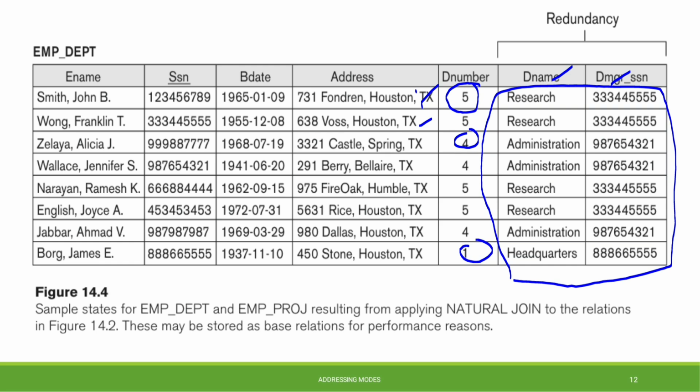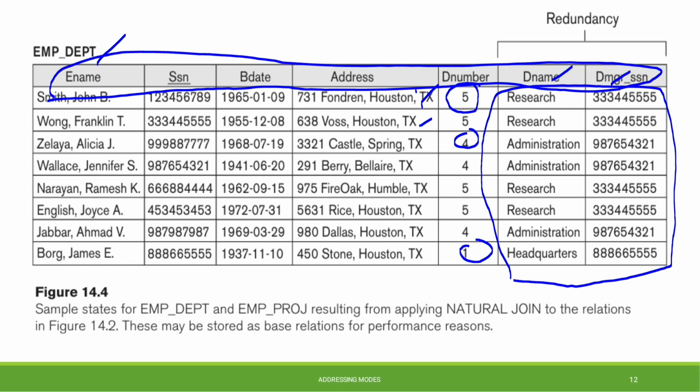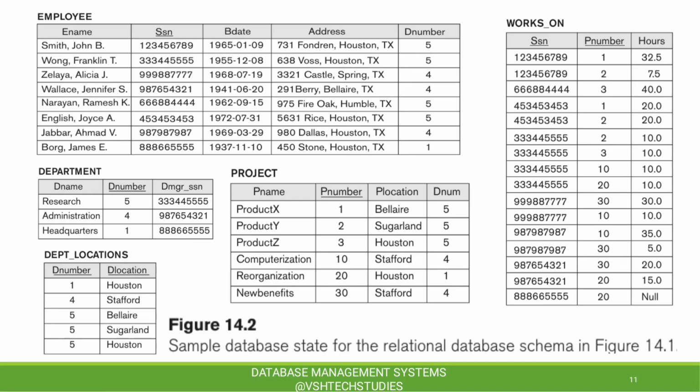This problem occurs when a relation schema violates guideline 1, that is, it mixes the attributes of more than one entity type.